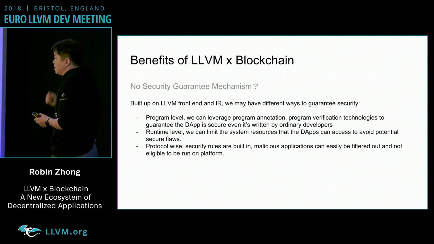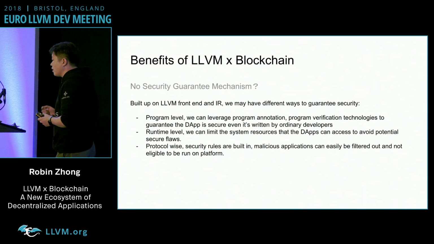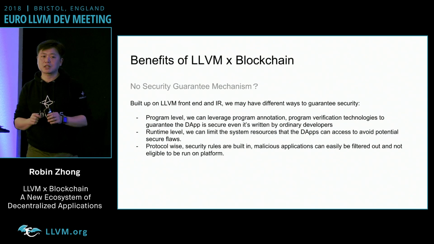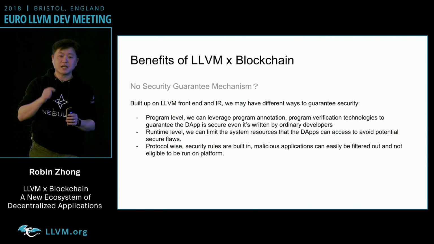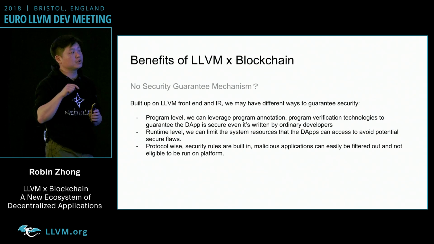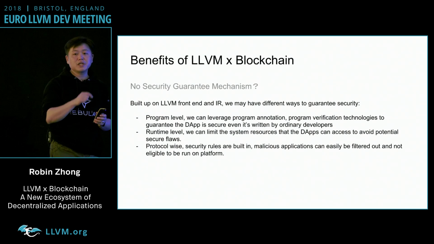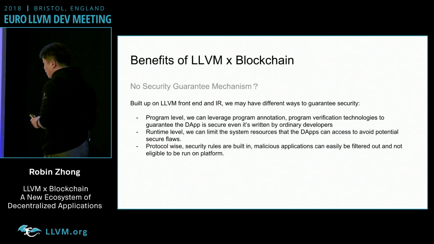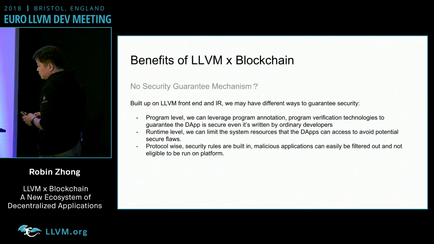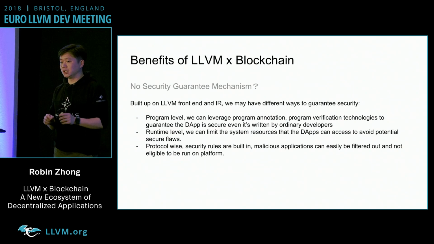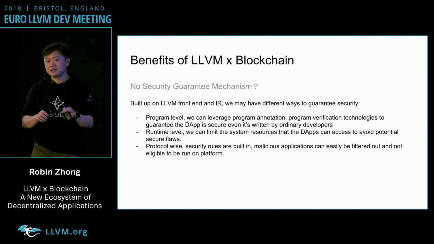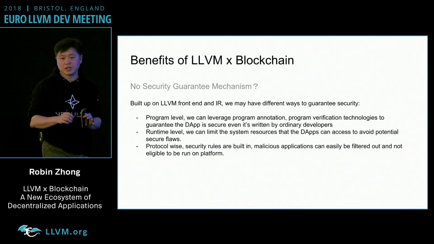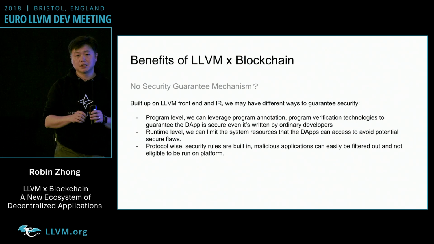So that will provide us a unified way to make the smart contract code more secure, not only at the programming level, but also at the runtime level. The security rules can also be built inside this level, so we enforce the security for the smart contract.